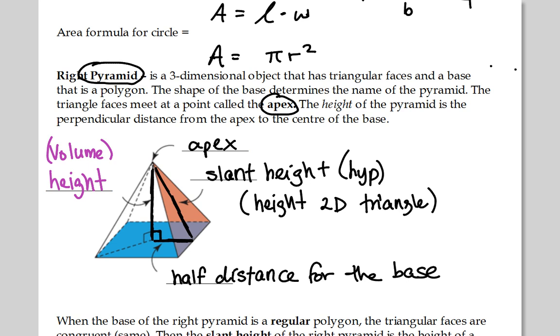The slant height, however, is used for surface area. Because surface area is like wrapping a present, a Christmas present, or painting a wall. That's surface area. Volume is space inside. Surface area is two-dimensional.